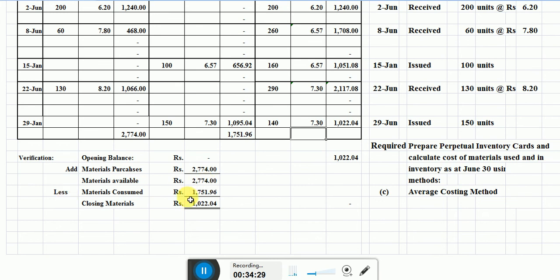We have to deduct the material consumed, which is this amount, and the final value as closing material inventory is 1,022.04 rupees, and in the stores ledger card the ending inventory is 140 units and the amount is 1,022.04 rupees here. Student, both are the same values for closing inventory. It means that we have solved this question with the help of the average cost method accurately.